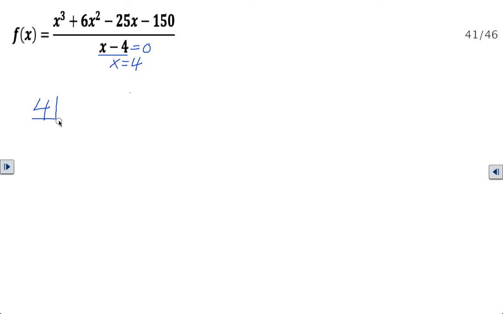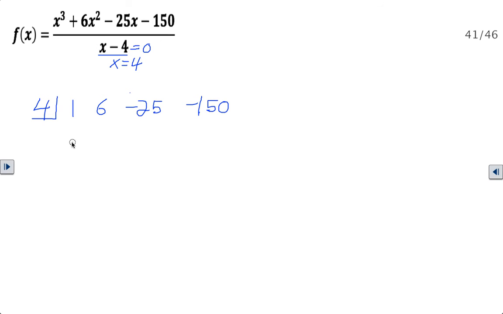So I'm putting a 4 in my little corner box. My coefficients are going to be 1, 6, negative 25, and negative 150.